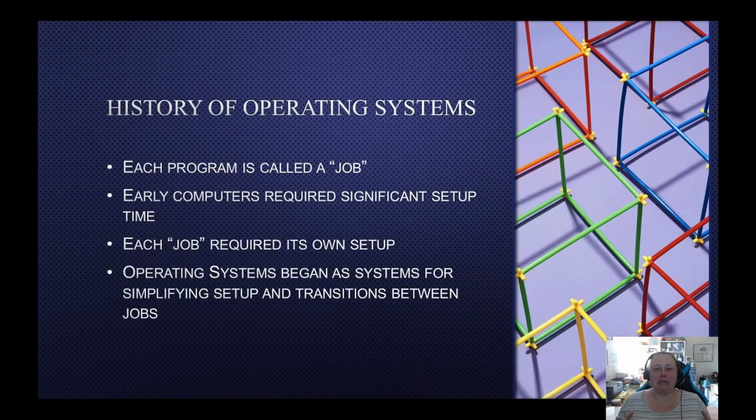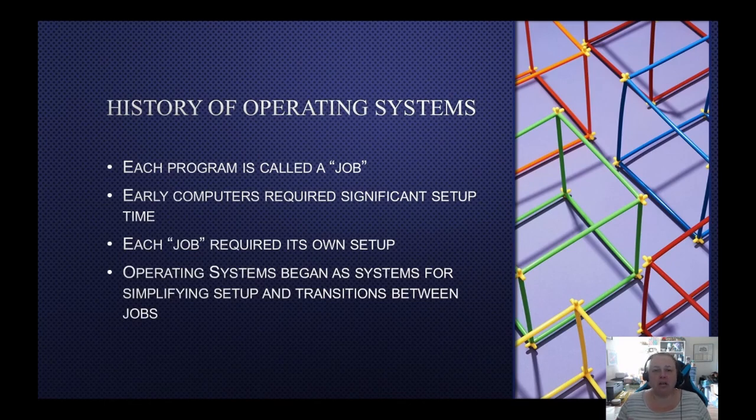Let's take a quick look back at a little bit of history of operating systems and why we even have it. So within any operating system, each program running is called a job. Early computers could only execute a single job at one time. It would have to wait for that job to complete before moving on to the next.